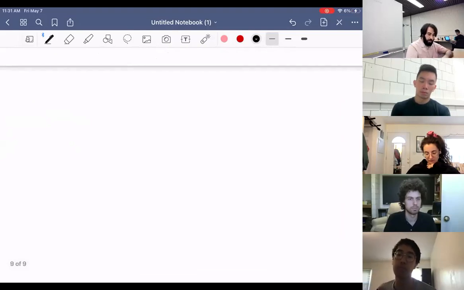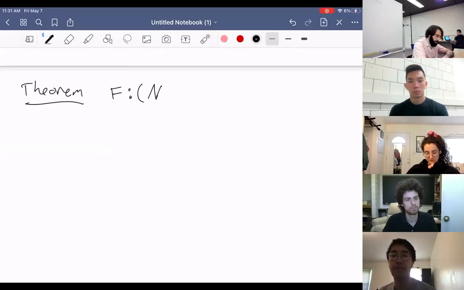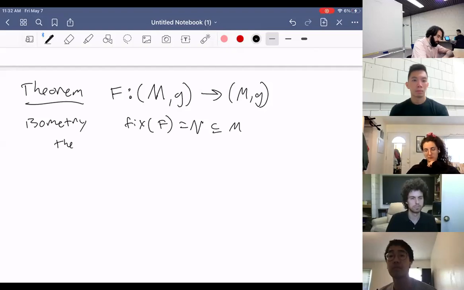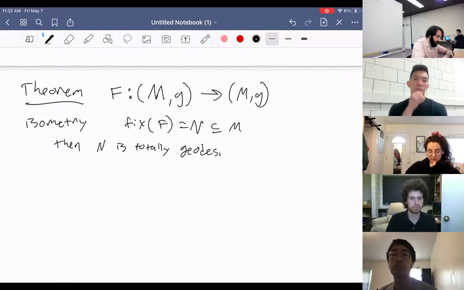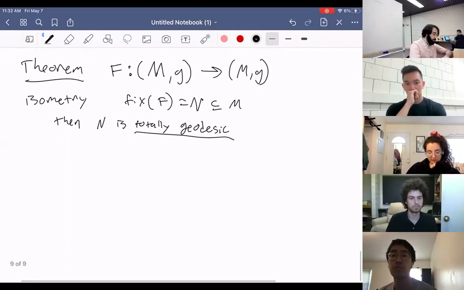So that brings us to a theorem. If F, an isometry, has a fixed point set N, then N is totally geodesic. So totally geodesic is actually much stronger than minimal.